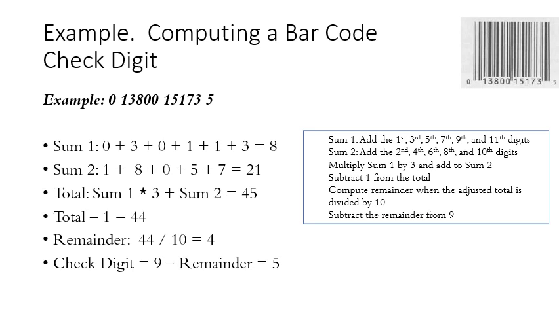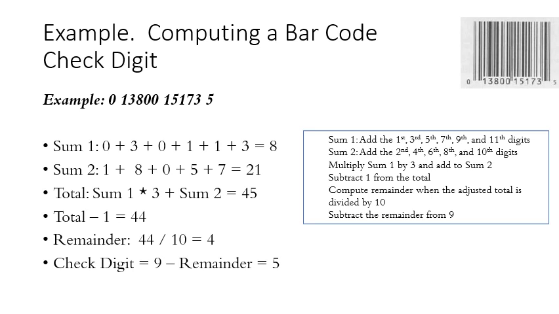Then we compute the total, which is simply done by multiplying sum 1, which is 8, by 3, and then adding sum 2, which is 21. So 24 plus 21 is 45, and then we subtract 1 from the total.